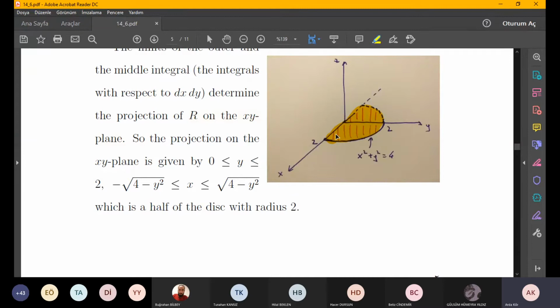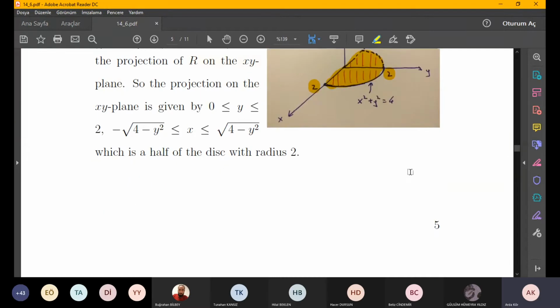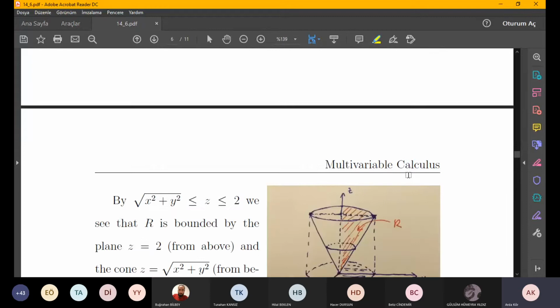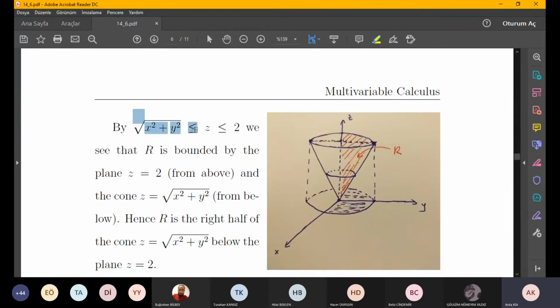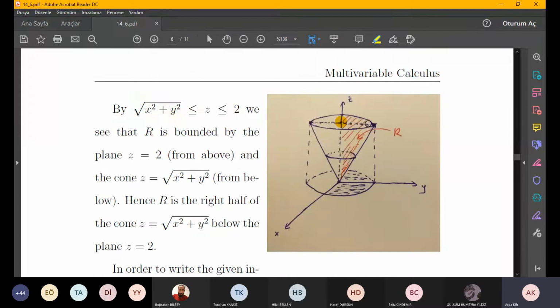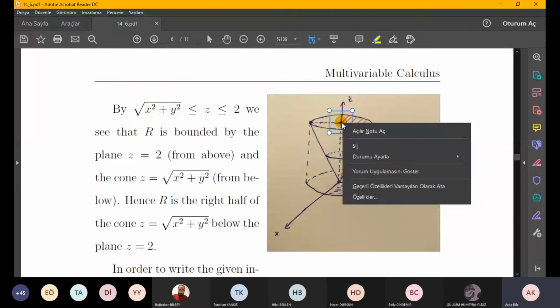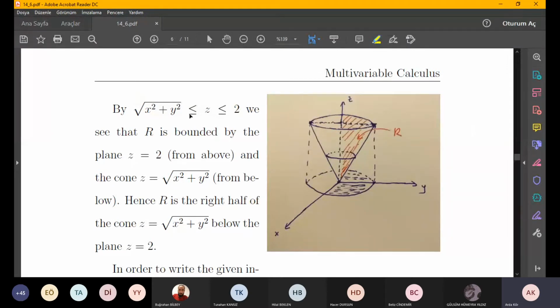And from the last inequality, we see that R is bounded above by the z equals 2 plane. So this one here is 2, and the plane through here is the z equals 2 plane, and it is bounded from below by that equation, which represents the cone, this one.